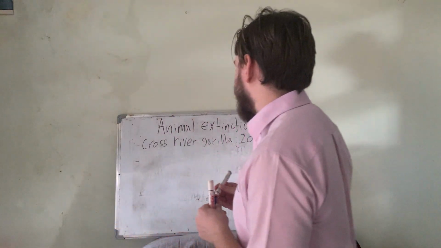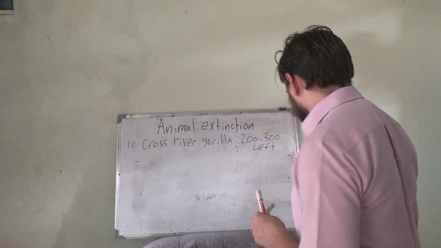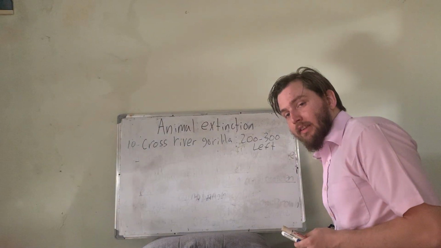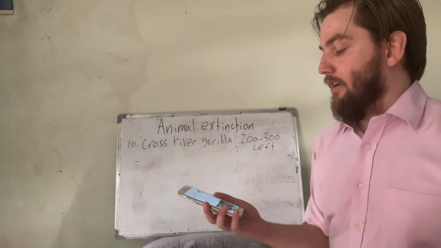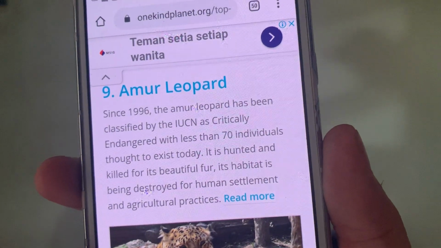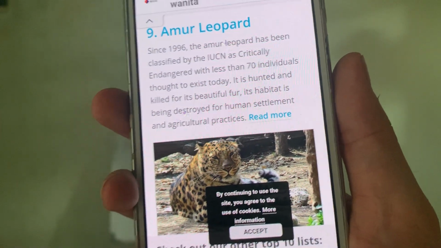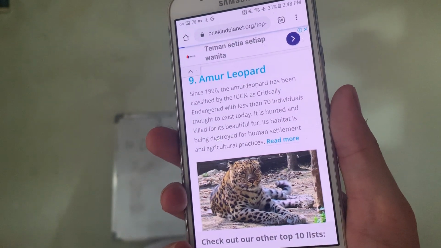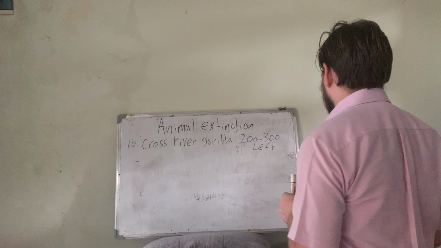The next one, this was number 10. It's becoming extinct, but it's not extinct. The more we get down this list, the less there will be left. There is the Amur leopard. I'm sure you've seen these in zoos. They are becoming extinct, and there's only around 70 of these left.